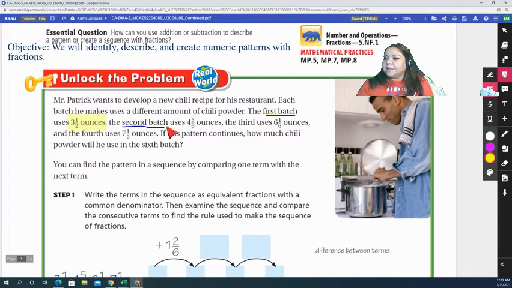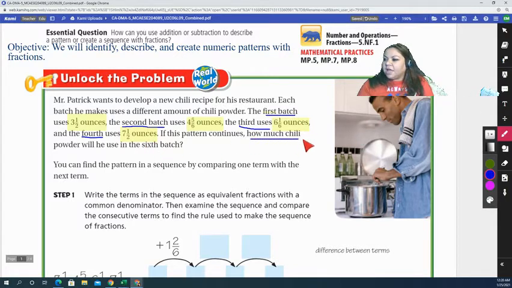The second batch uses 4 5/6 ounces. Then we have the third batch that uses 6 1/6 ounces. And then we have the fourth batch that uses 7.5 ounces. So now if this pattern continues, this is the question that we want to answer: how much chili powder will he use in the sixth batch?